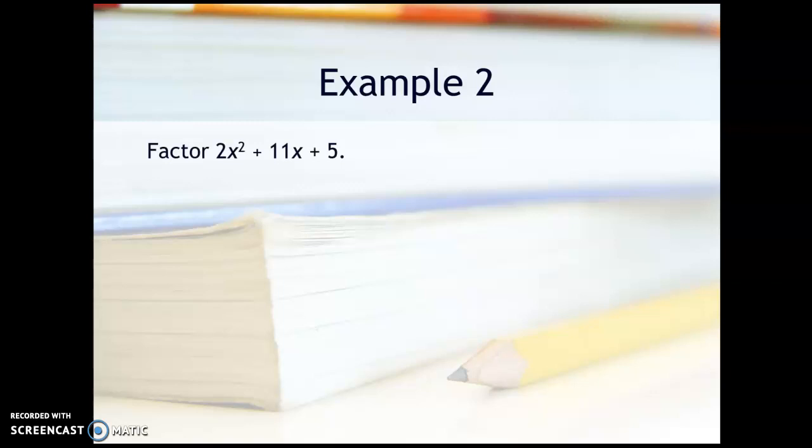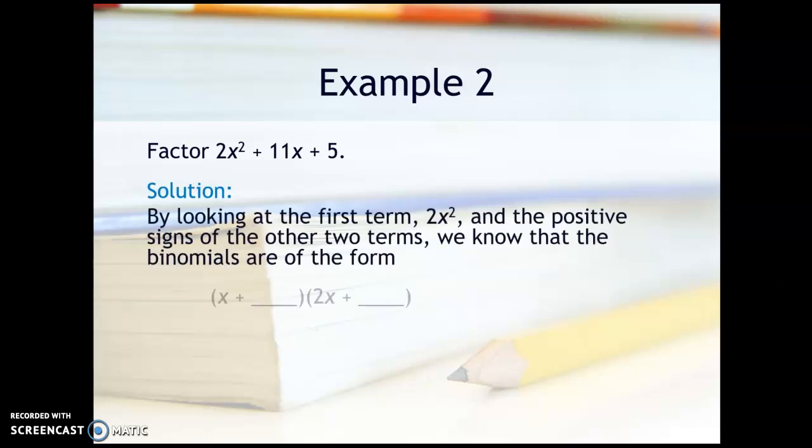So here I have a trinomial because it has three terms. The leading term is 2x squared. Well, 2 only has two factors, 1 and 2. So we know our binomials are going to begin with a 1x and a 2x. That's guaranteed, okay? But the question is then, what is going to be last in each of those binomials? Well, again, last times last has to equal the constant in that trinomial.